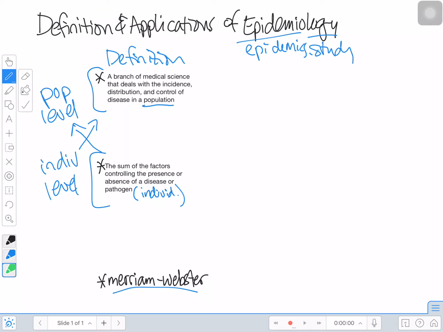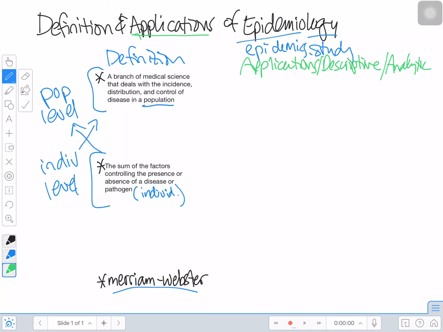So if we were to then look at some of the applications, these applications are basically descriptive and analytic.